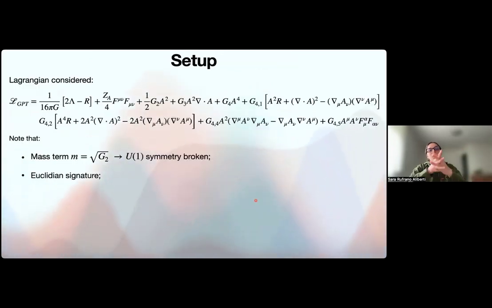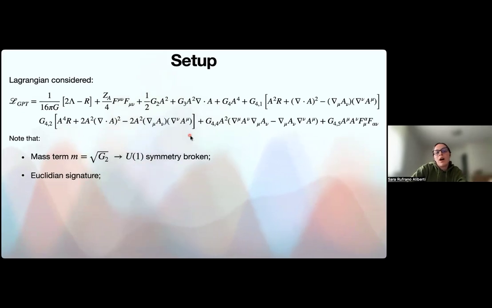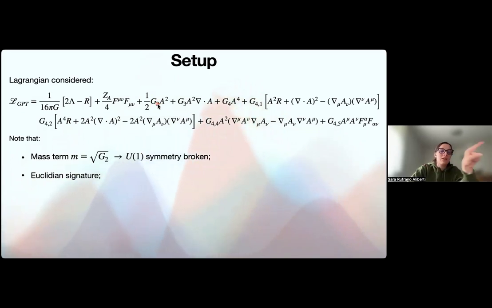In order to start our work, we chose this ansatz for the Lagrangian, which is up to the fourth order in the vector field and up to two derivatives. In a few moments, I'm going to tell you why we chose this ansatz. But notice that here, there is the first term that breaks the U(1) gauge symmetry, because G2 is related to the mass of the vector field.